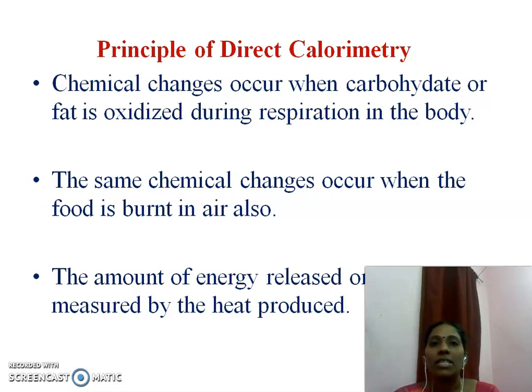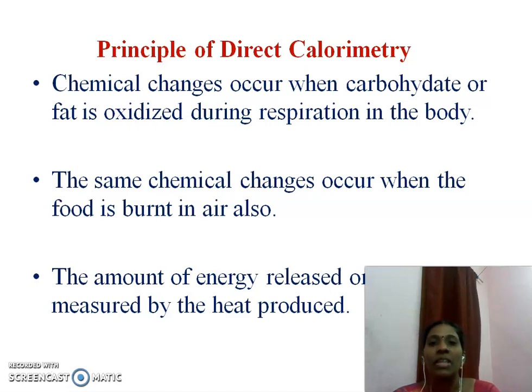The chemical changes occur when carbohydrate or fat is oxidized during respiration in the body. So, whatever chemical changes occur, if you take any food in the form of carbohydrate or fat, with the help of oxygen, that will get burnt inside our body and produce some chemical changes.